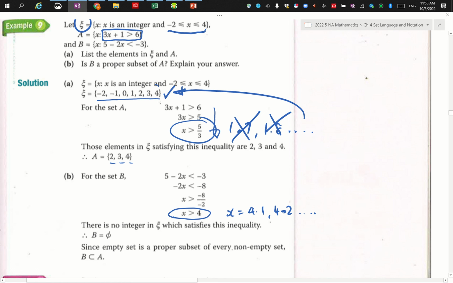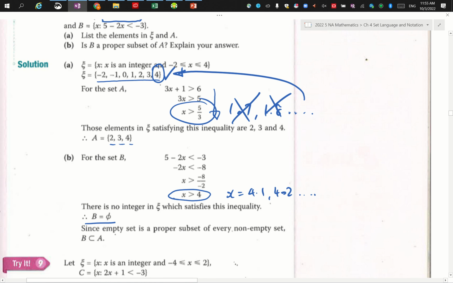But our universe only stops at 4. So actually, our set B contains nothing. There's nothing inside set B. So we say that B is an empty set. Since the empty set is a proper subset of every non-empty set, which is the one that I wanted you to memorize, it therefore implies that B is a proper subset of A. An empty set is a proper subset of any other non-empty set.